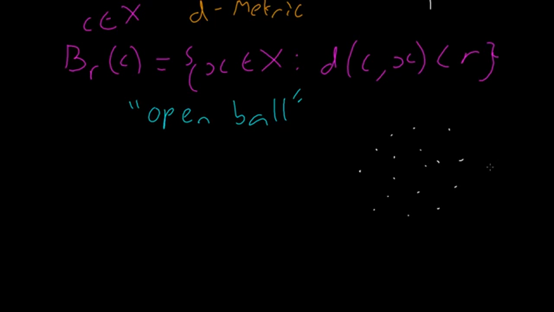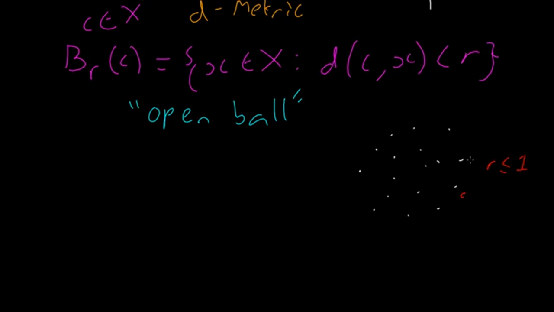Well, if say r is less than or equal to 1, and a ball of radius r around a point C, let's call this point C, by definition is all the points which have distance from C less than r.